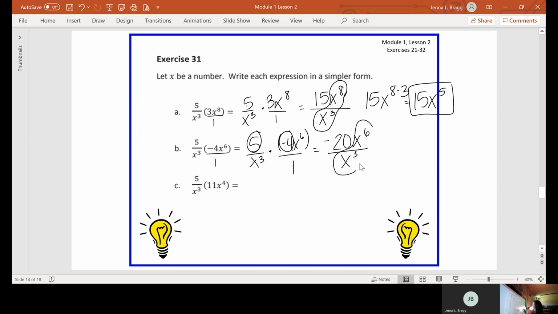I can simplify my common bases, giving me negative 20x. Subtract those exponents, and my final answer is negative 20x to the third. Don't forget your parentheses because that's a negative number.